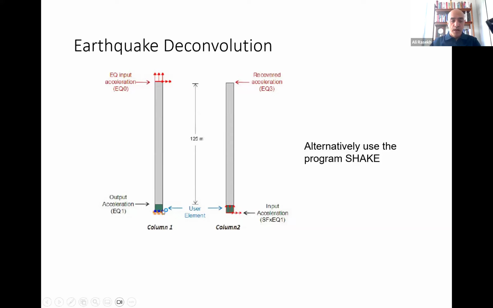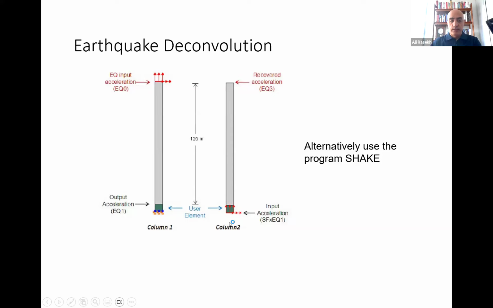And this is like a backward question: what was the earthquake at the base which caused the earthquake at the surface? And because there is some damping in the system and other issues, the earthquake at the base should normally have been slightly stronger, or maybe slightly different than the surface, to cause those motions at the surface.